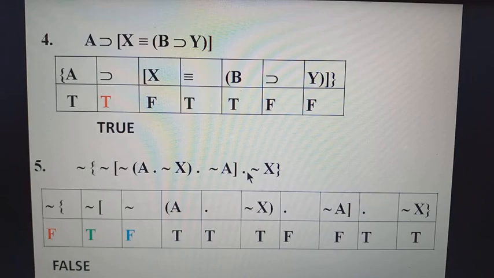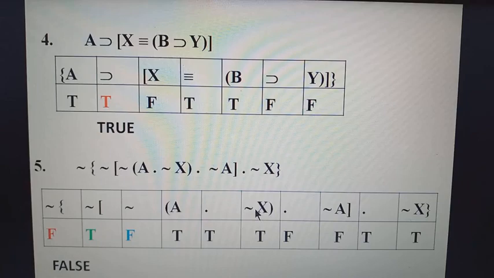But if it is true, then you have to come here and say false because everything here has been negated. And if it is false, you have to come here and say true. You see that? So let's take a look at this. Look at the table now. Having plotted the table here, you begin with the parenthesis. A is true.